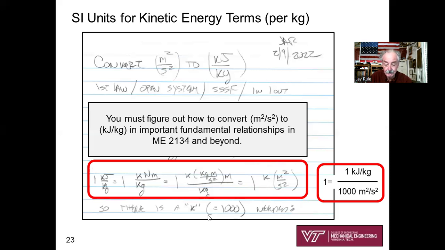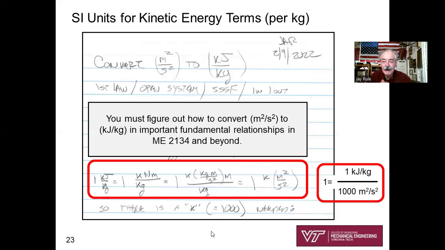Okay. I hope that I've shown you that I've derived the relationship between meter squared per second squared and kilojoules per kilogram. Unity equals 1 kilojoule per kilogram divided by 1,000 meter squared per second squared. That is the conversion.